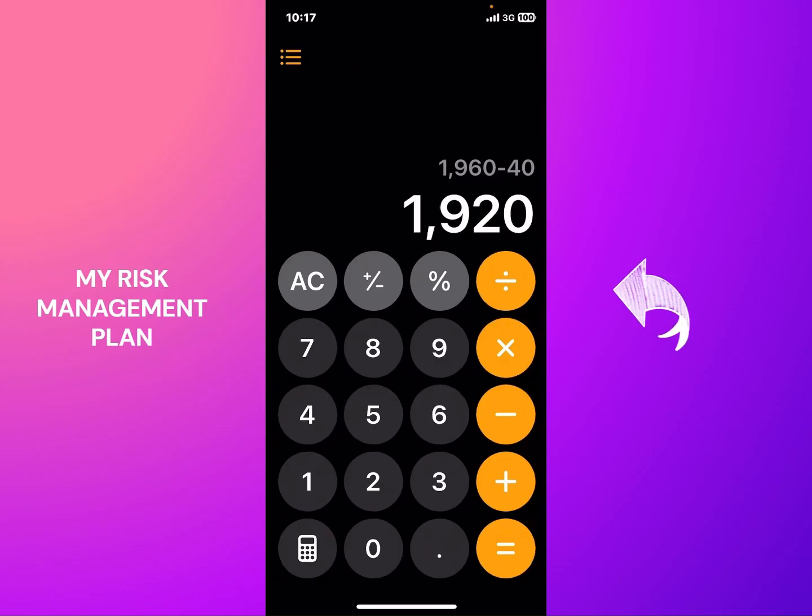So this is my rule. Now if I lose $40, which means when my account gets equal to or below 1960, I'll cut my risk in half. So right now, most definitely, this is the first phase.